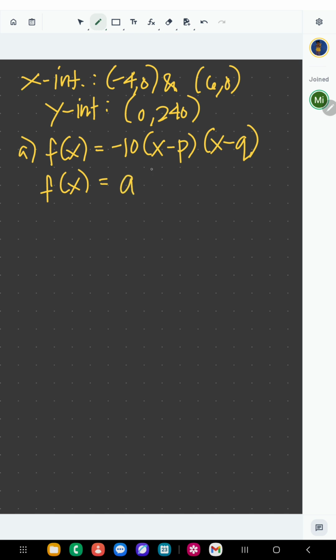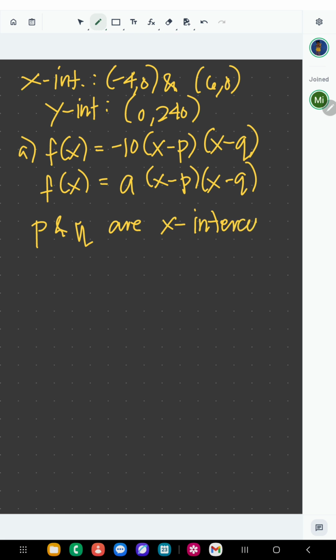So a times (x minus p) times (x minus q), where p and q are the x-intercepts. Remember this? We solved this last week.